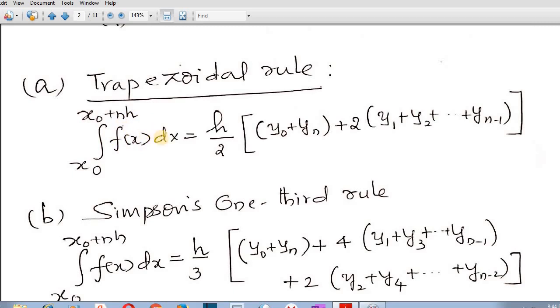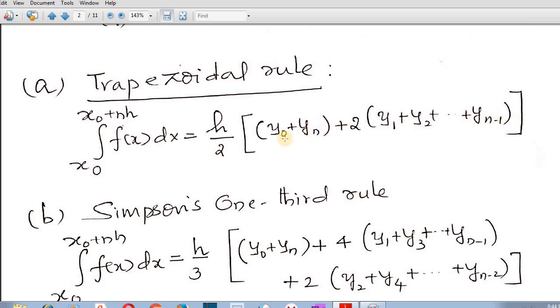This is a definite integral of the given function with respect to x, and with the trapezoidal rule it is evaluated as h by 2 times [y0 plus yn, plus 2 times (y1 plus y2 up to yn minus 1)].